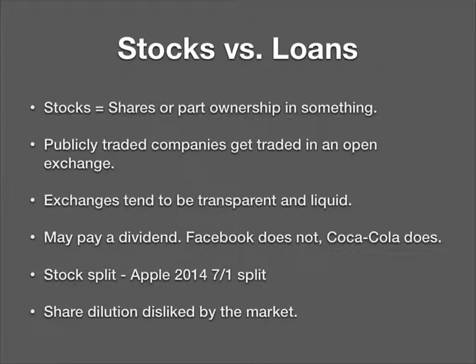Right? The book talks about a stock split, interesting one in 2014, actually in April of last year. Apple decided to split their stock. They did a 7-to-1 split. So at the time, Apple stock was trading somewhere around $700. After the split, basically what it did is if you owned one share, your one share became 7, and they're now all worth $100. So total value of your ownership stake stayed the same.